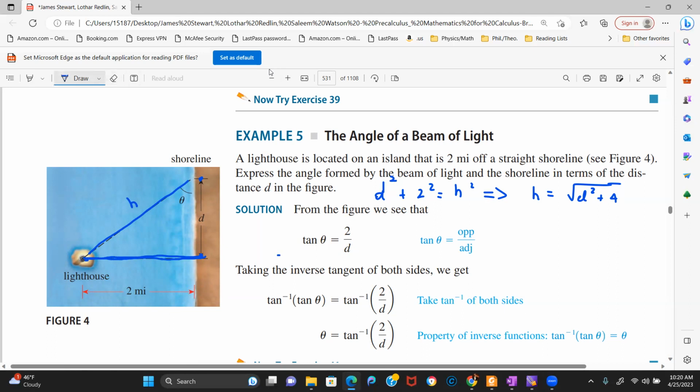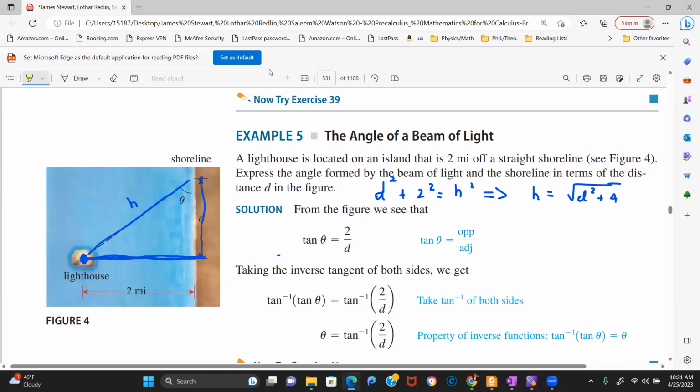So tangent, recall, if this is where we're standing at the lighthouse, it's going to be the opposite side divided by the adjacent side. Actually no, wait, I'm sorry. We're not standing at the lighthouse. We're standing on the shoreline at this point. And so it's important that you fix a reference frame.